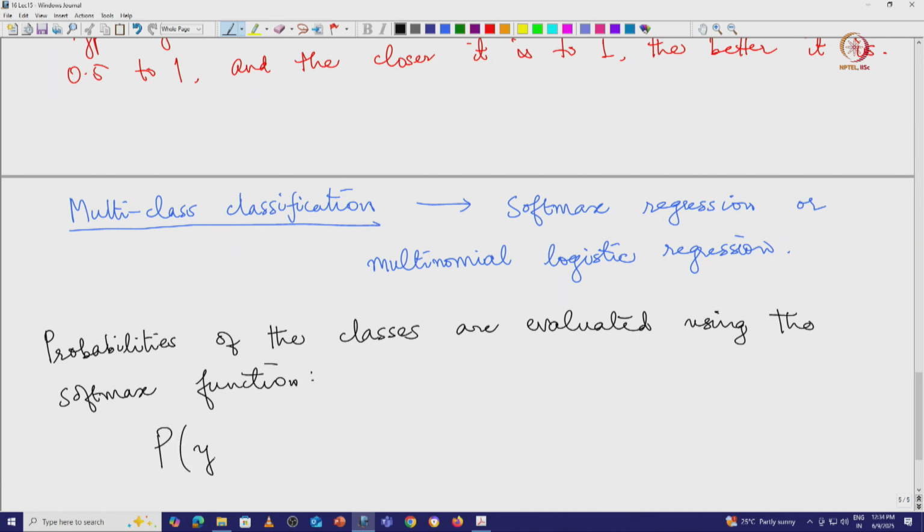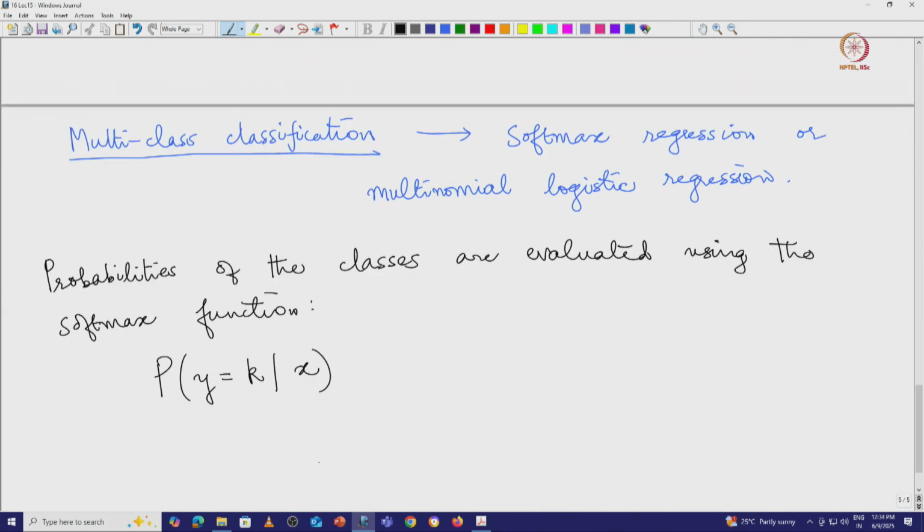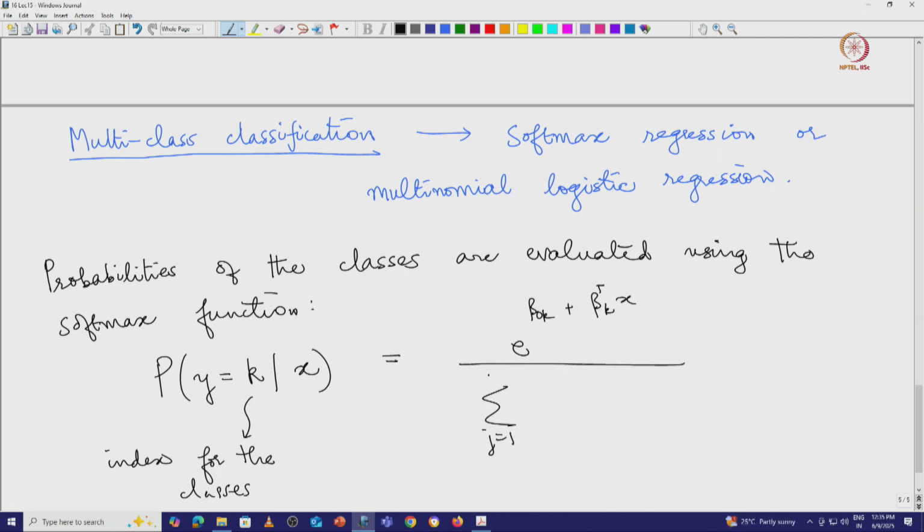The probability that y is equal to k given the feature vector x, and this k is basically the index for the classes that we have considered, is given as the exponential of beta naught k plus beta k transpose times x divided by the sum over all the classes j equals 1 through capital K of e to the beta naught j plus beta j transpose x.